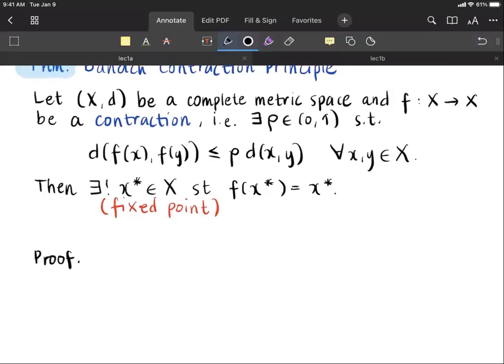If you are familiar with the contraction principle, the proof follows what we call the Picard iteration. The first step is to choose any point in the domain and iteratively define the consecutive points of the sequence to be the function value under F of the previous term.